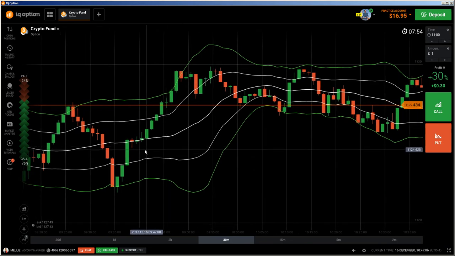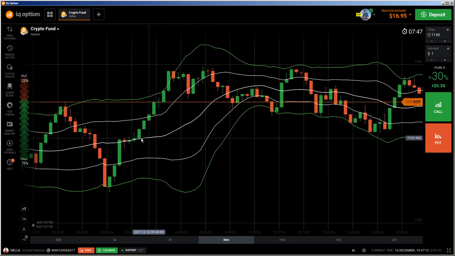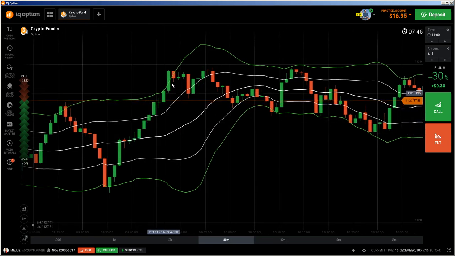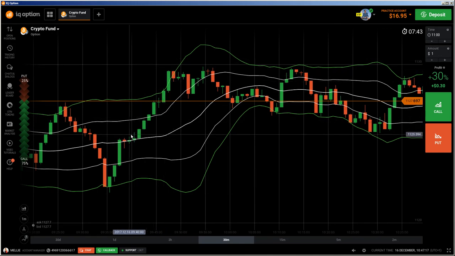Then what is also important about the Bollinger Bands: if the price goes from the center and it starts going up, you can trade all candlesticks like it would be a bullish one. Here a bullish trend.